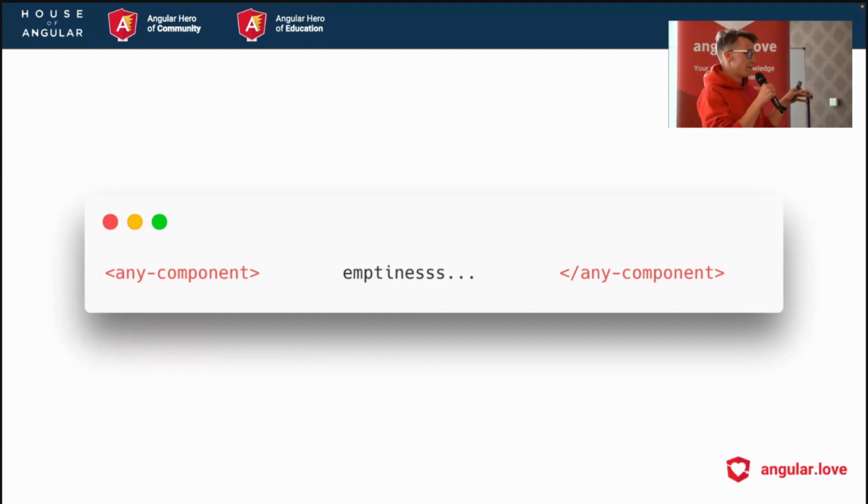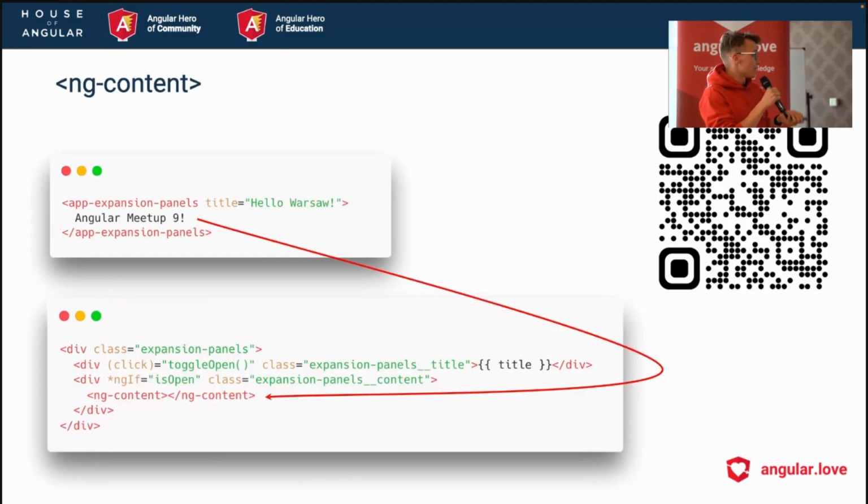You probably know that component tags very often are written only as the opening tag and then nothing between them, and then the closing tag, so there is emptiness between them. We don't use it, but we of course can use this space, because this emptiness can be filled with data. And here is how we can use it to pass the content inside our app expansion panel.